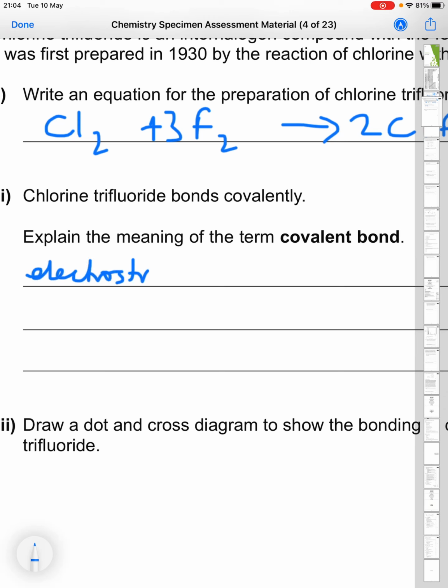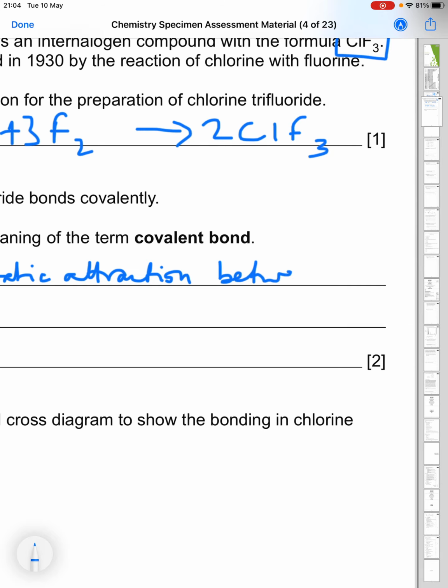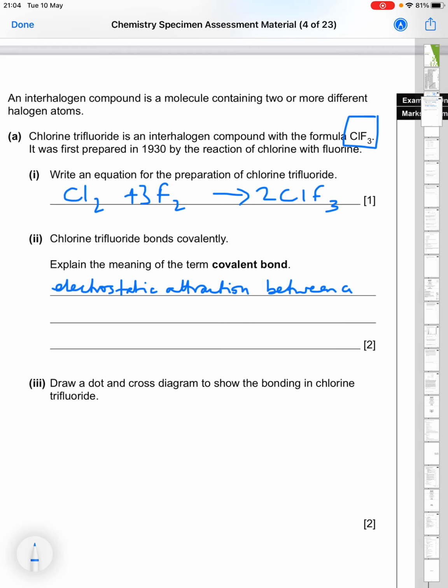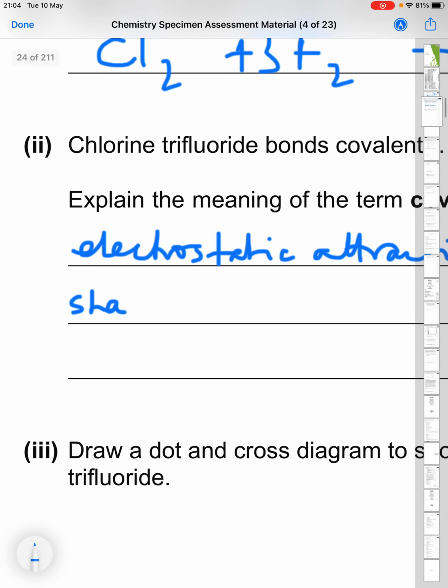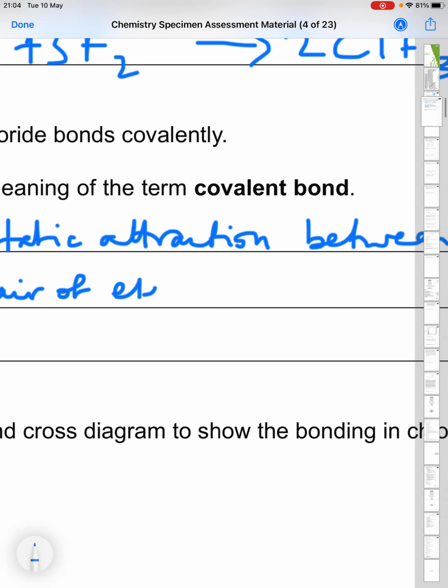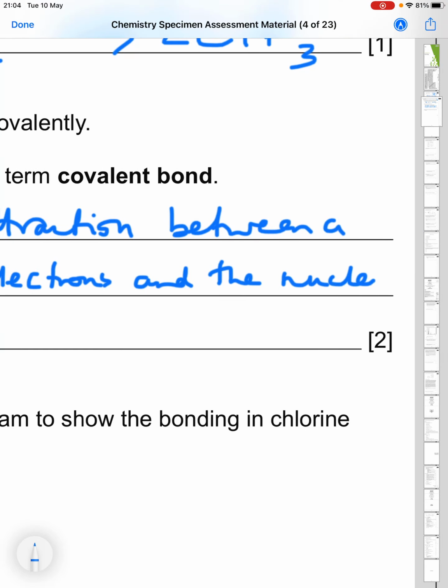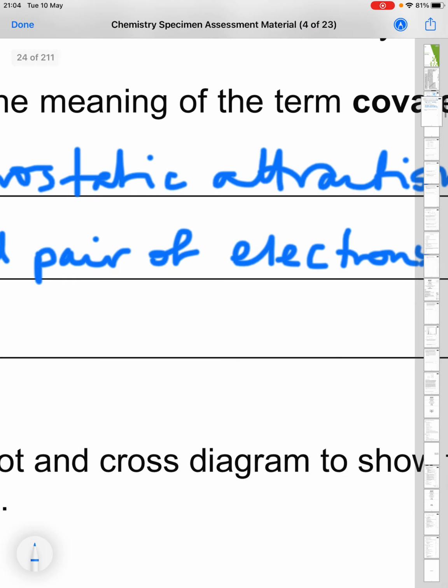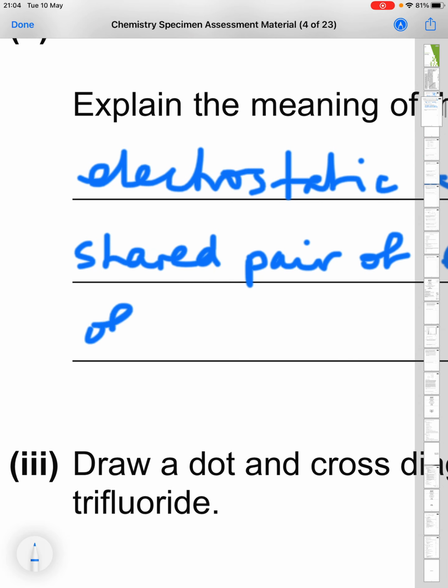So it's the electrostatic attraction, and it's covalent bond, so it's between a shared pair of electrons and the nuclei of the bonded atoms.